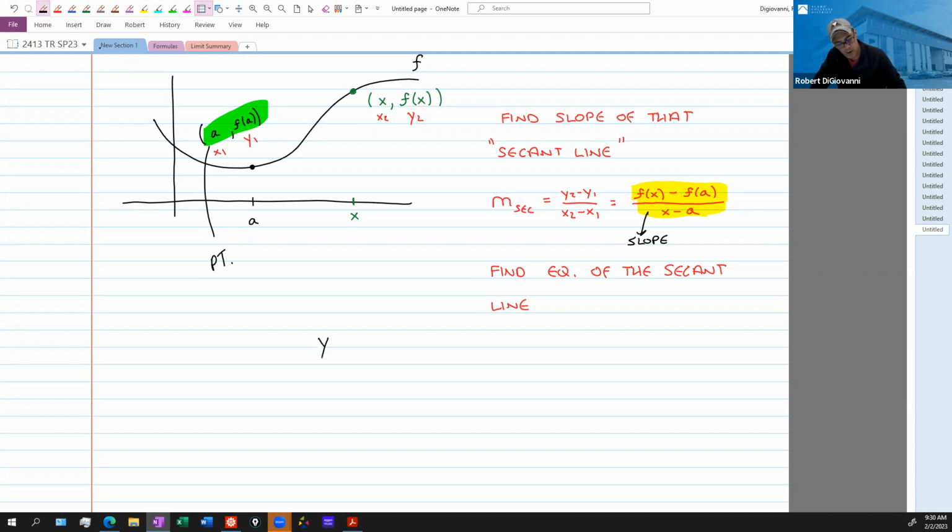I'll put it here: y minus y1 equals m times x minus x1. Now this is going to look terrible, but let's just write it down. y minus, now y1 for us is f(a), equals, now the slope is going to suck. It's really ugly, but that's what I'm going to write down.